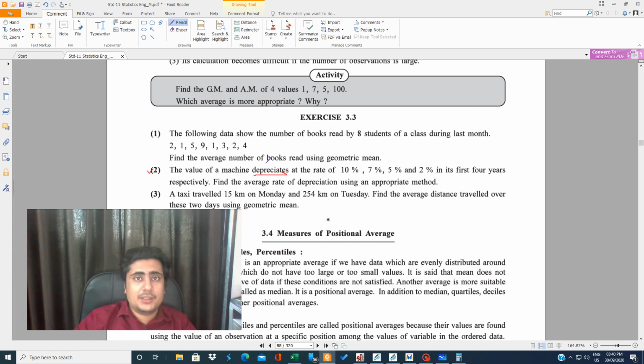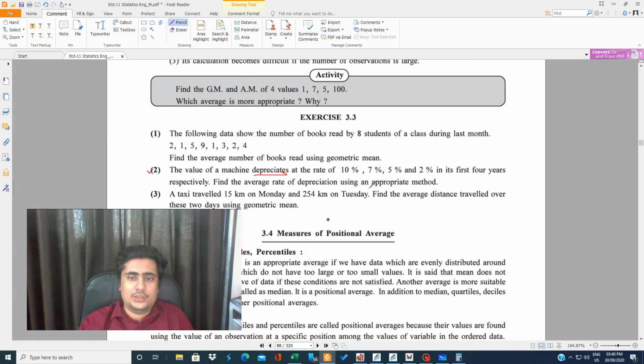Depreciation means the reduction in the value of an asset. So the value of the machine depreciates at a rate of 10%, 7%, 5%, and 2% in the first 4 years respectively. Find the average rate of depreciation using an appropriate method.